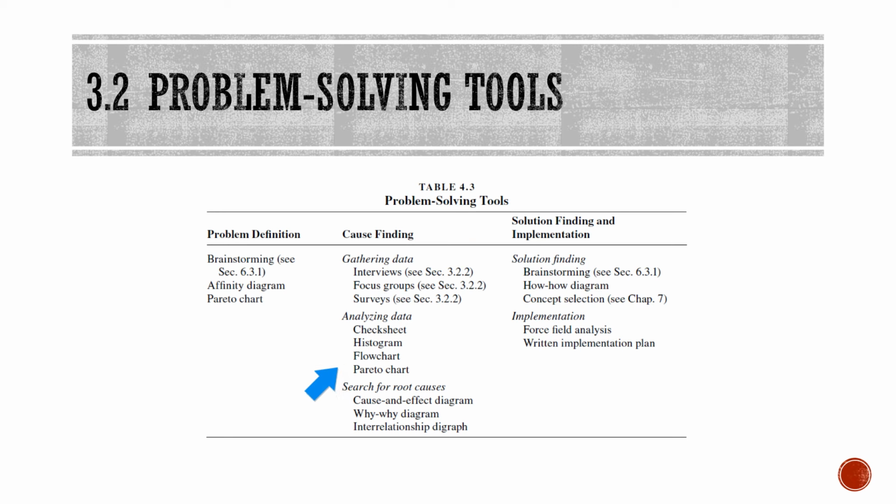After you have analyzed the data, we can do the root cause finding, the real root cause. The tools that we can use to find the root cause are cause and effect diagram, why-why diagram, and interrelationship diagram.